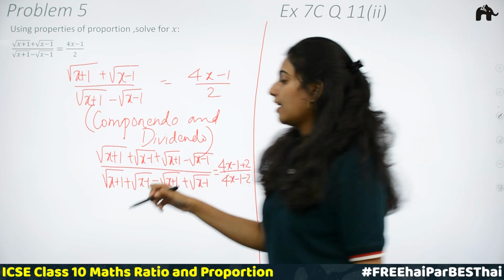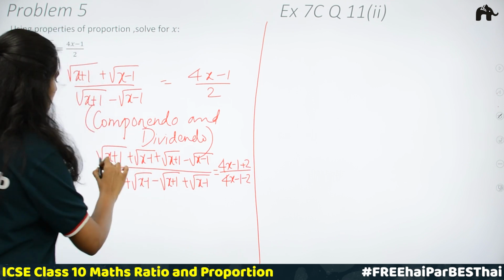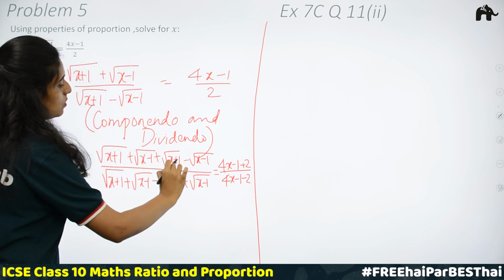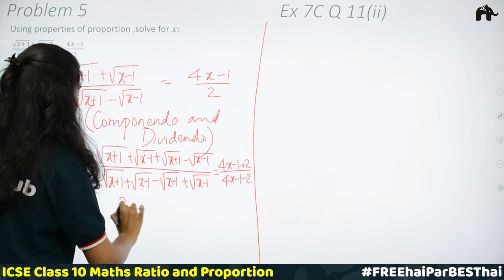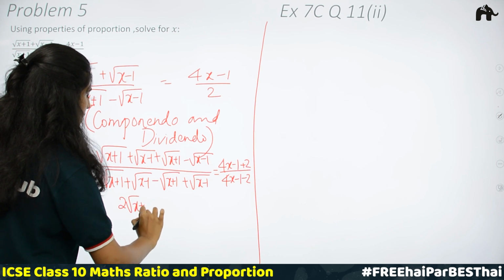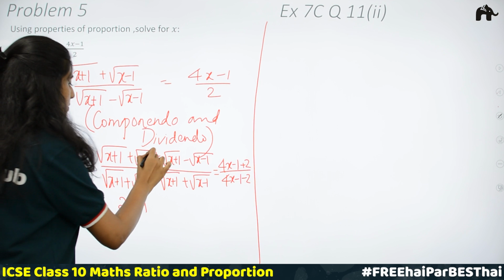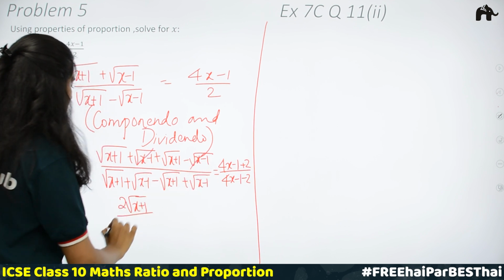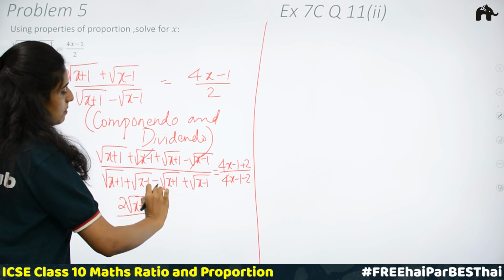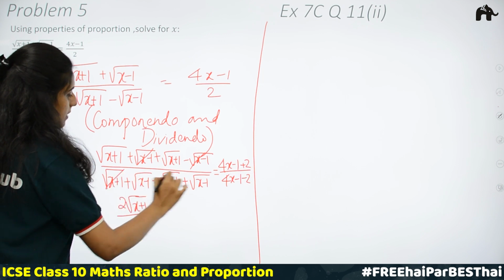Now adding them, root of x plus 1 plus root of x plus 1, that is 2 root of x plus 1. Root of x minus 1 minus root of x minus 1 can be cancelled. Denominator, root of x plus 1 minus root of x plus 1 can be cancelled.